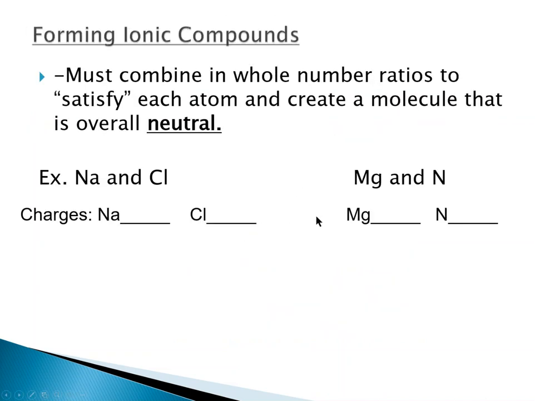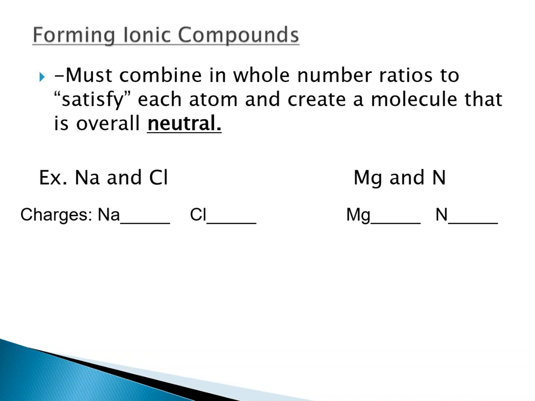All right, so how do we write the formula for compounds? The whole idea here is that the compounds are neutral. And we are going to have different charges on different ions. Now, in order for the charge of the overall compound to be neutral, however many positive charges we have from all of our cations, we have to have an equal number of negative charges.